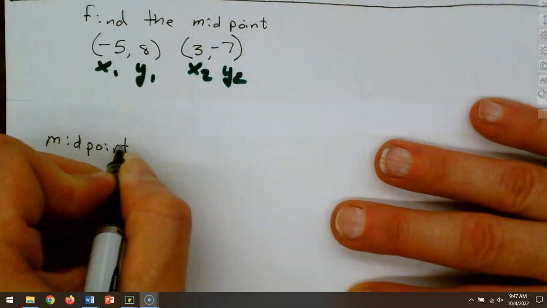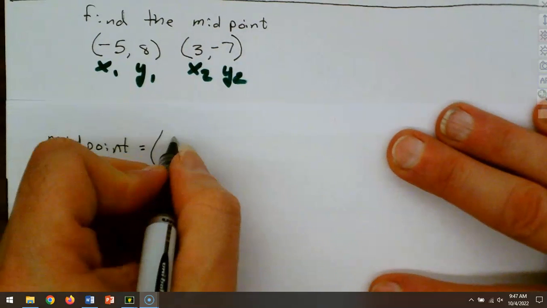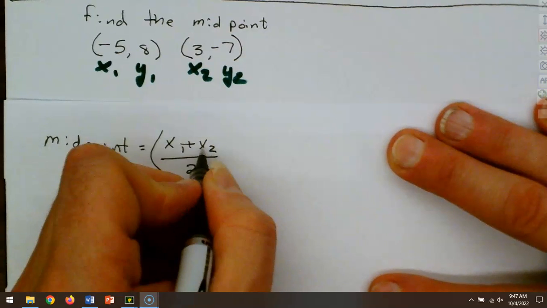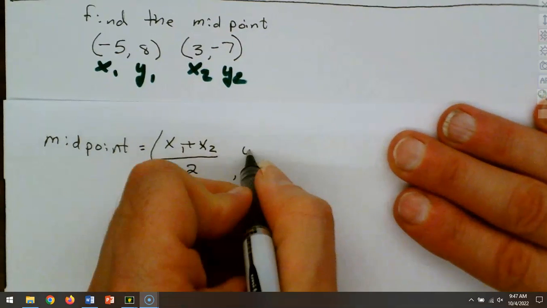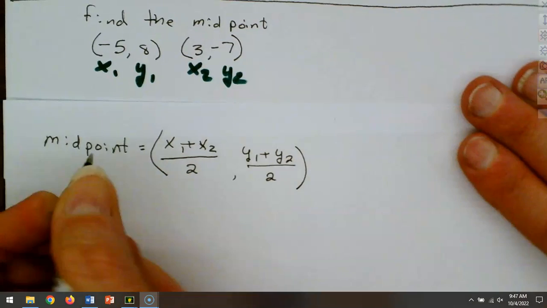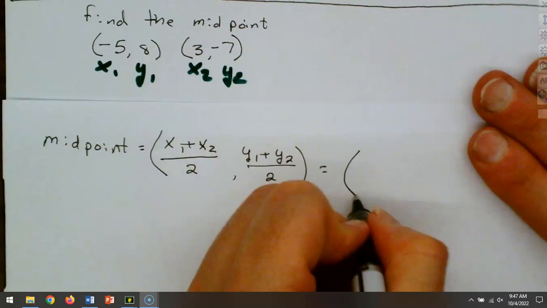So the midpoint is then going to be x1 plus x2 over 2, and y1 plus y2 over 2. Fill them in.